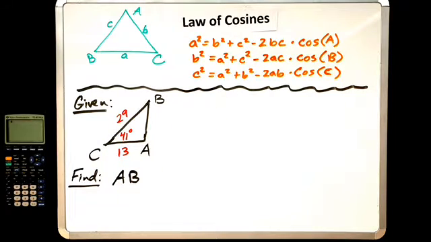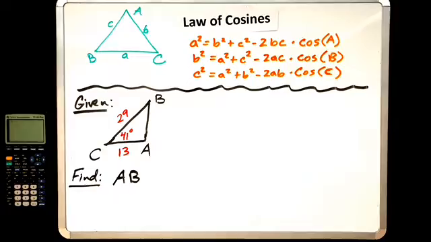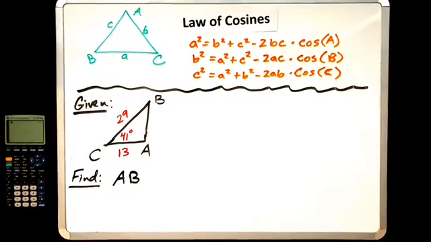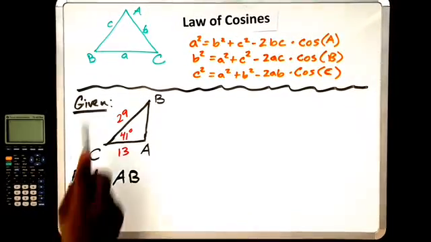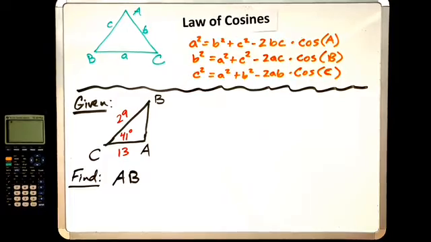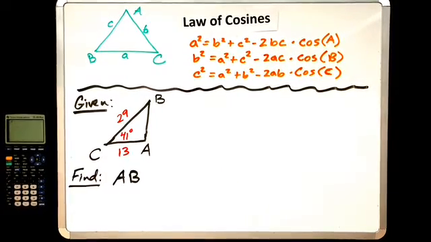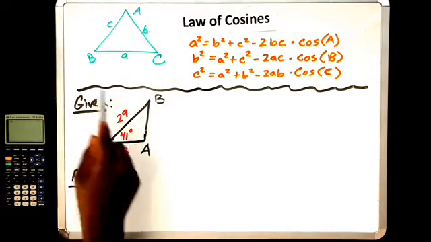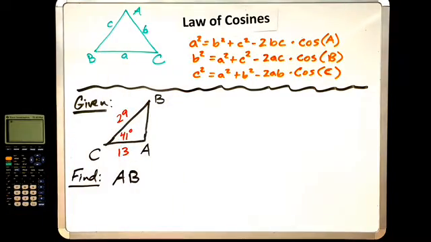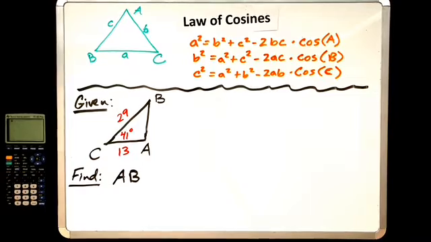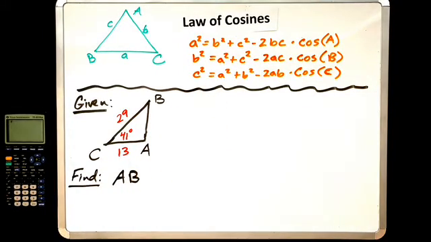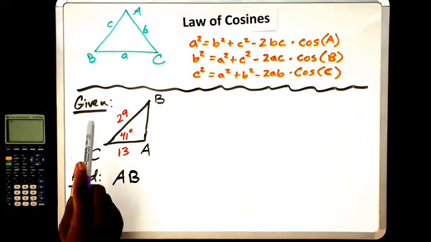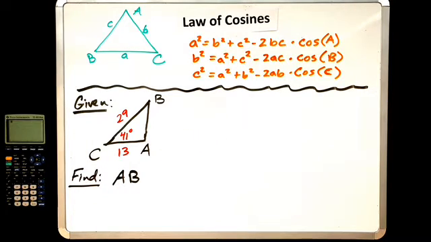So, law of cosines is where you're given several equations in reference to a triangle. What we're looking at is the relationship between angles and sides of the triangle, okay? You see three different equations that express this relationship.